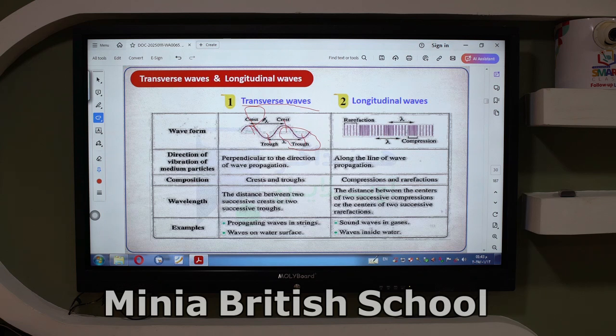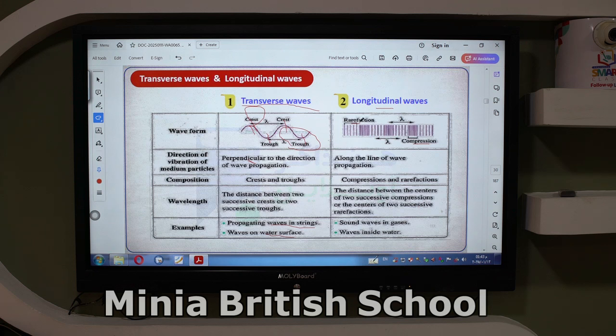Transverse waves are like waves in strings and waves on a water surface. But in longitudinal waves we must have rarefactions and compressions. The direction of vibration of the medium particles is along the line of wave propagation, not perpendicular like the transverse.